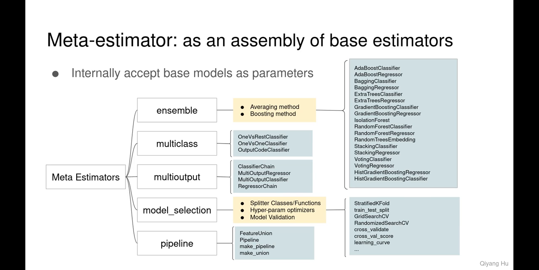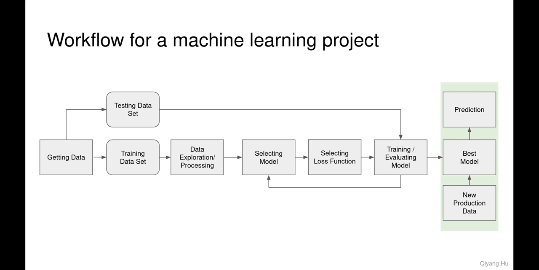So far, we have introduced almost every essential step for doing a machine learning project using Scikit-Learn, at least at a theoretical level. That includes acquiring or collecting the data, splitting the data into training and testing datasets, exploring or pre-processing the data, and using different models and selecting different loss functions to train and evaluate the models.